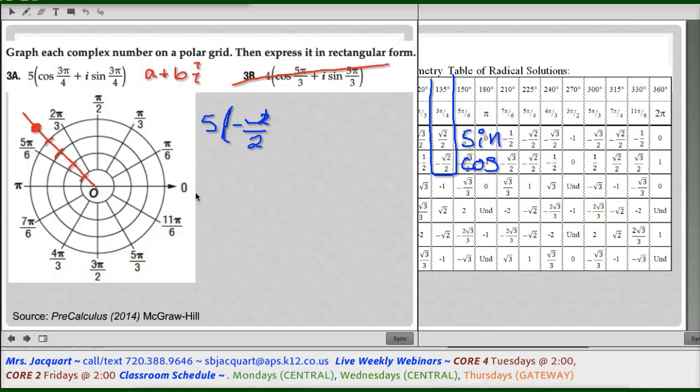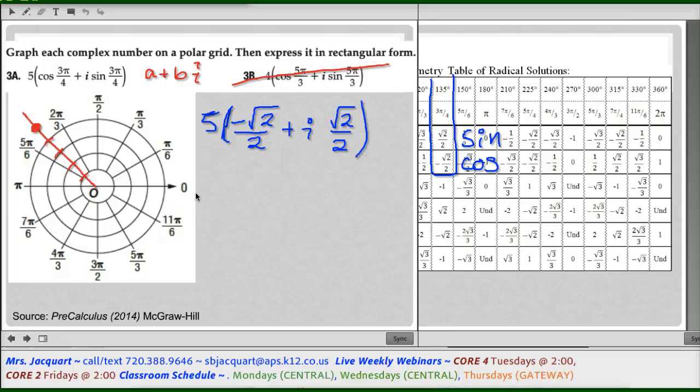This thing is not keeping writing, and it's so annoying. Now we're going to add i, and then this one's positive square root 2 over 2.